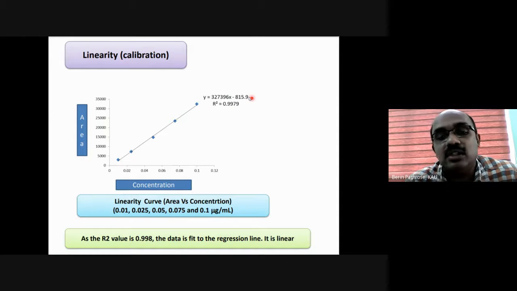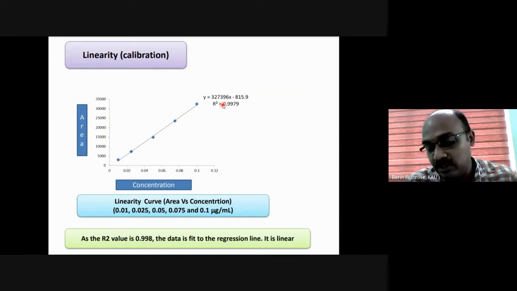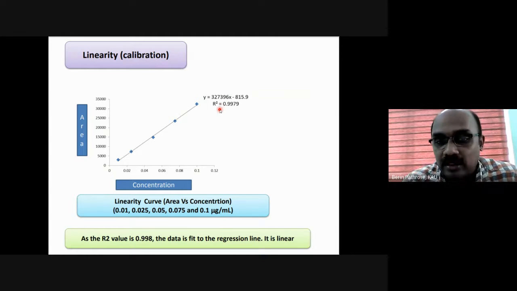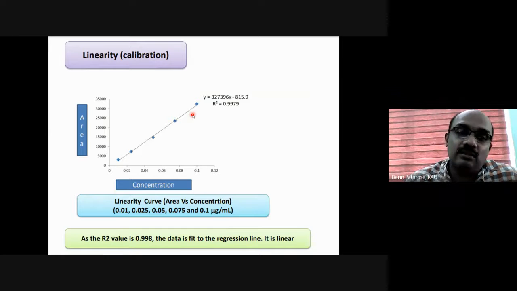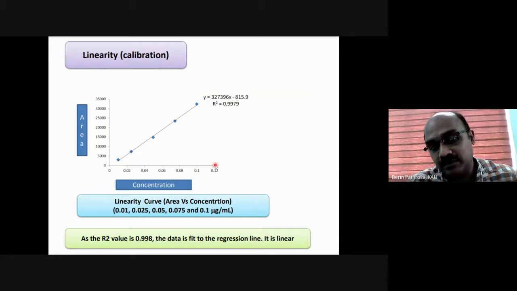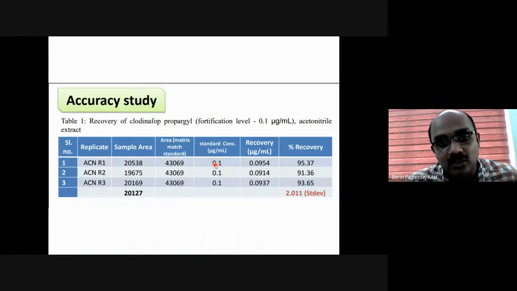It will give the equation and the R square. If the R square is greater than 0.9, there is a linear increase in peak area with an increase in concentration. So that is the data which we have got.